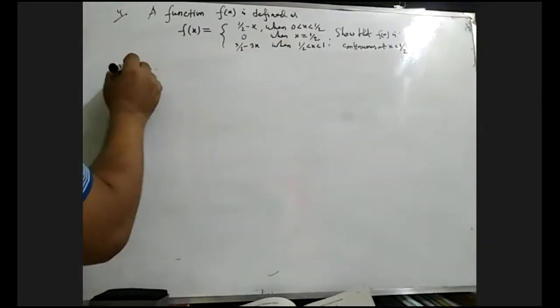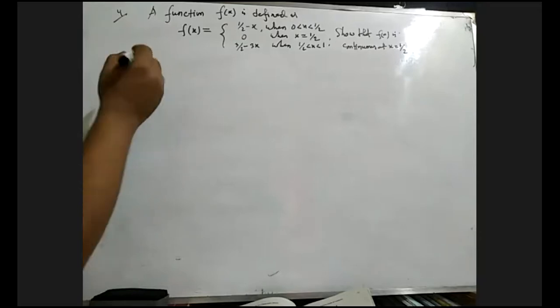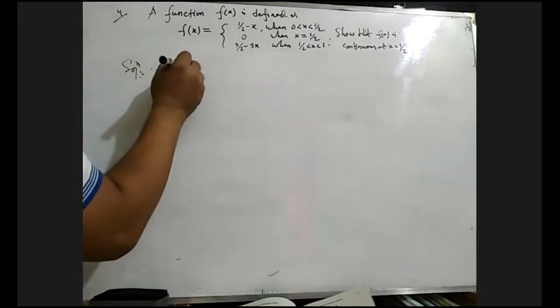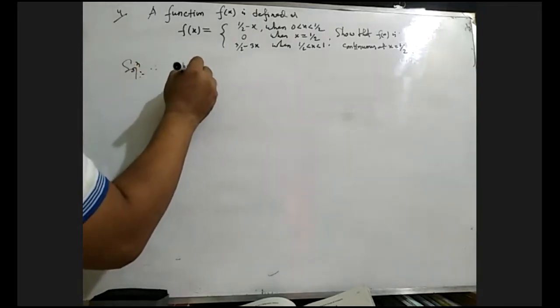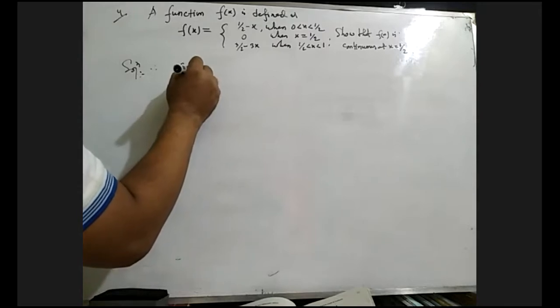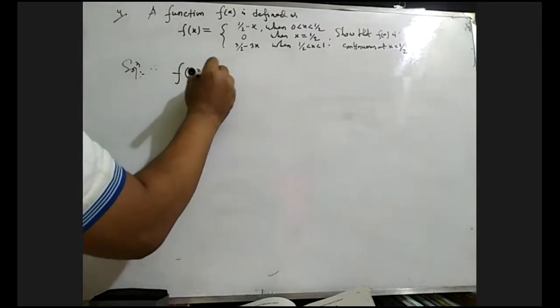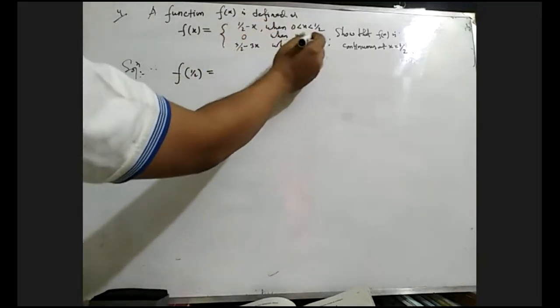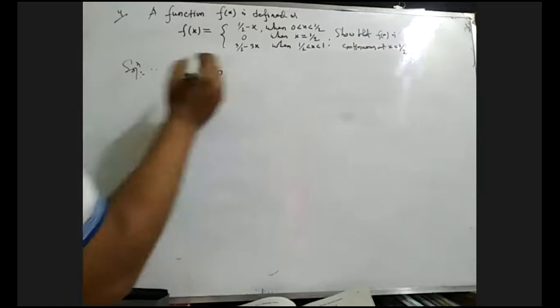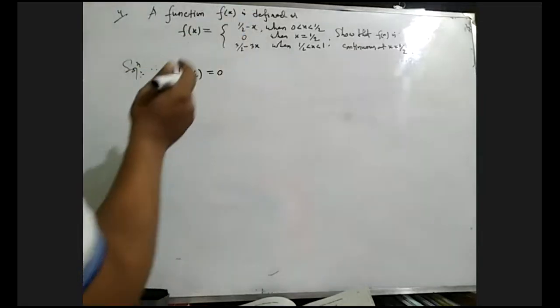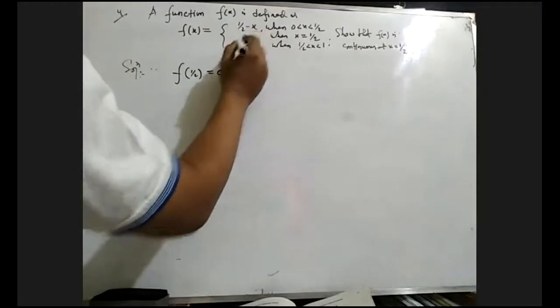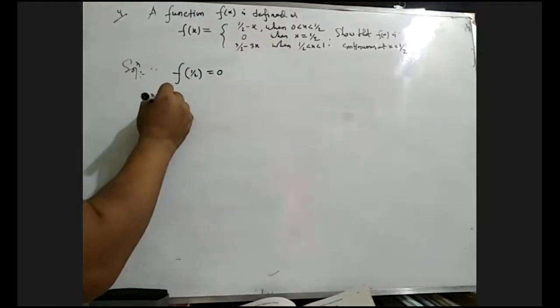Therefore, solution will be like this. F of half equals to what will be? At x equals to half, in which function? At x equals to half, f of x equals to 0. From the given function, we observe that at x equals to half, f of x equals to 0. Now left hand limit.